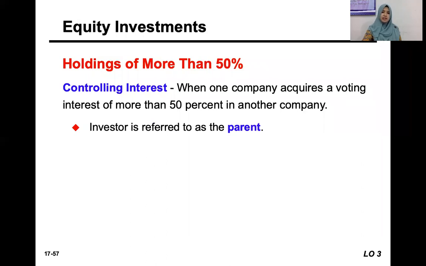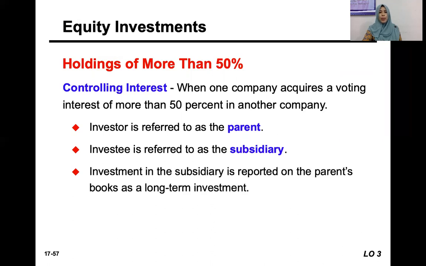So in this case, like I mentioned before, the investor is referred to as a parent company, and the investee as a subsidiary. The investment in the subsidiary is reported on the parent's books as a long-term investment. We don't report it as equity investment like the other categories.